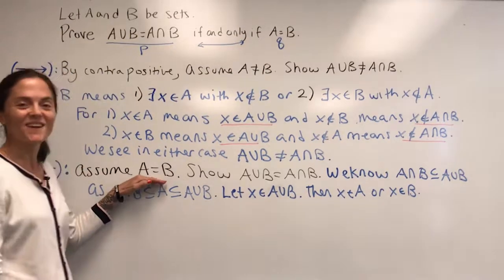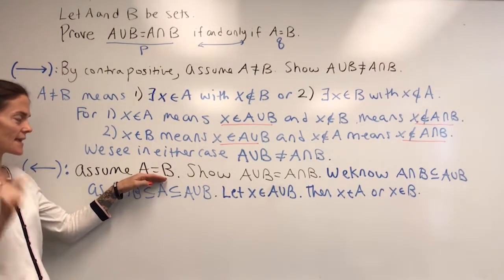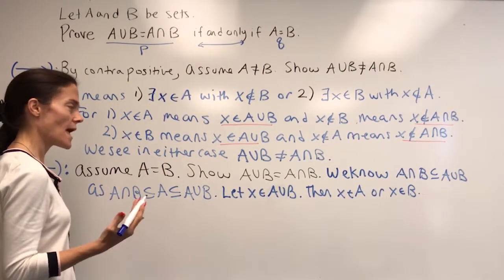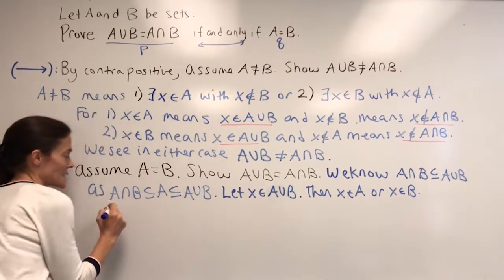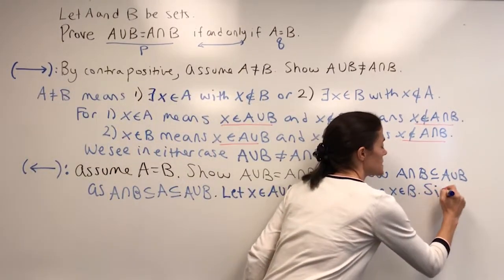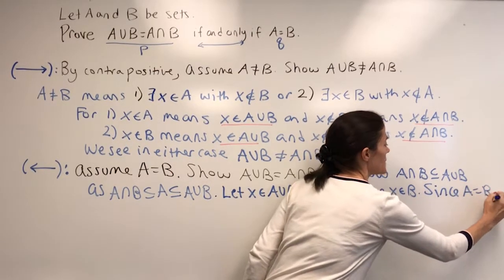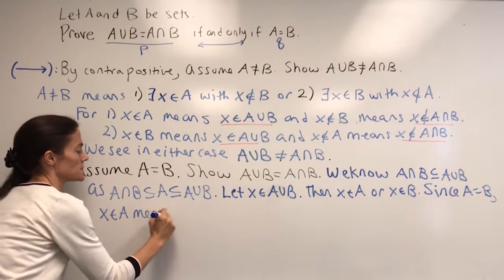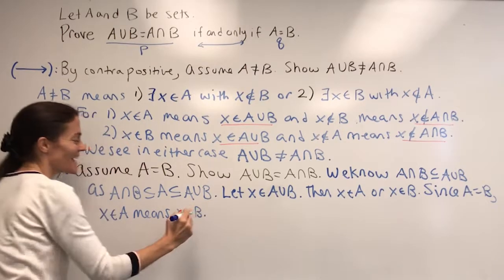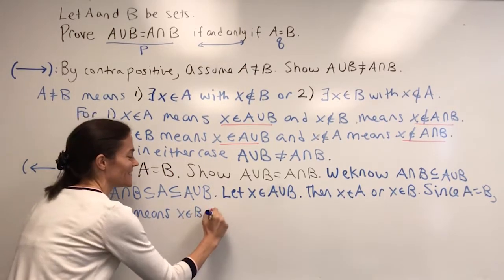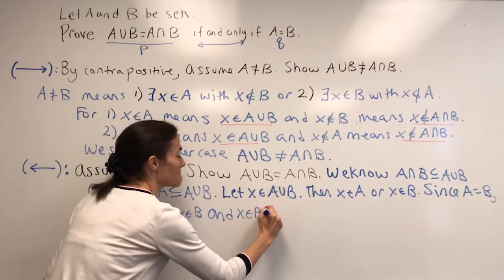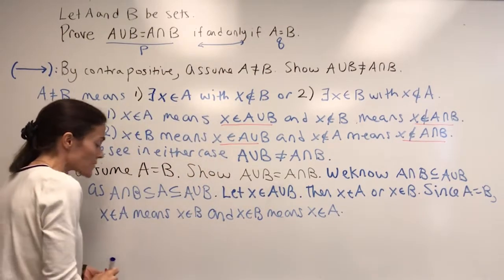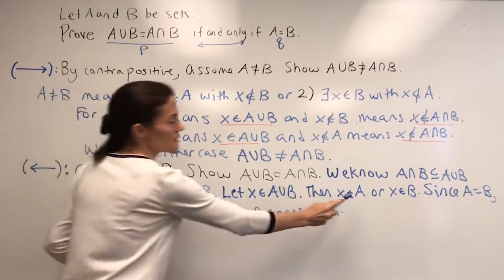Now, we have to go back to our assumption. Our assumption here is that A equals B. Since A equals B, X in A means X is in B, and this was an or.